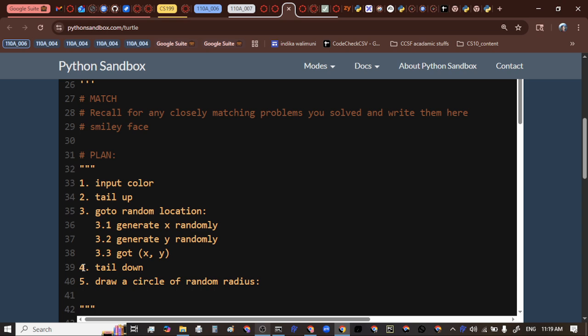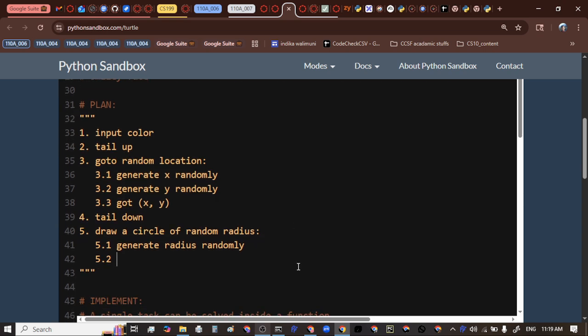So 5.1, generate radius randomly, right? And then 5.2, draw the circle, right? All right.